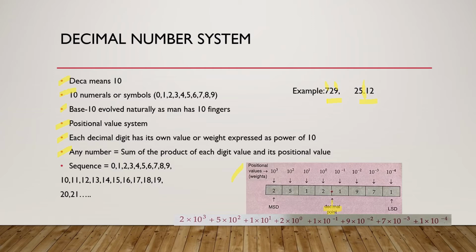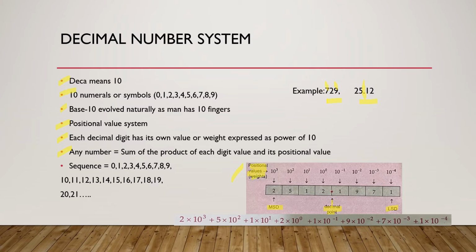And also we can notice that the MSD, which carries the most weightage, is the number 2, and the LSD, which carries the least weightage, is the number 1. And any number is the sum of the product of each digit and its positional value.